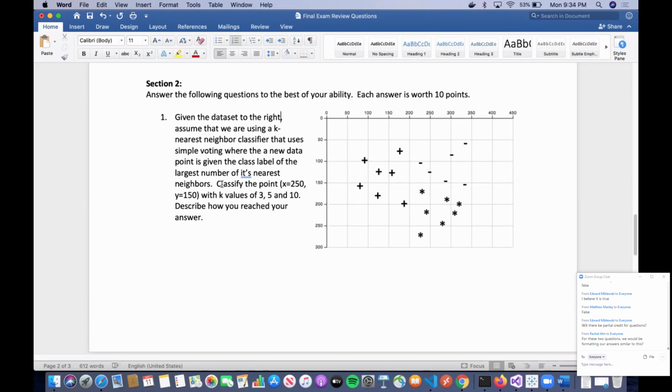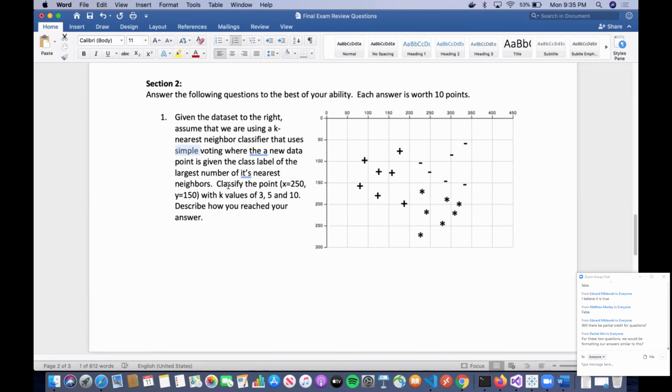That's the weighted voting. But here our classifier is going to be using simple voting, where a new data point is given the class label of the highest number of its nearest neighbors.